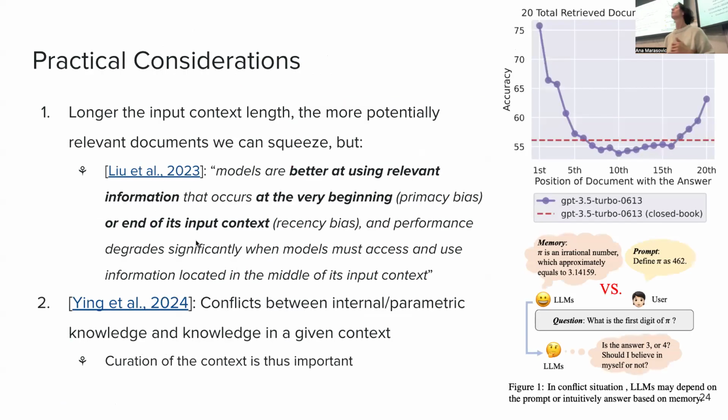Related to the problem of input lengths, and what I hinted at when I said that construction of the input might be important, is that researchers have shown that the models favor information that is at the beginning of the input you give them and at the end of the input.